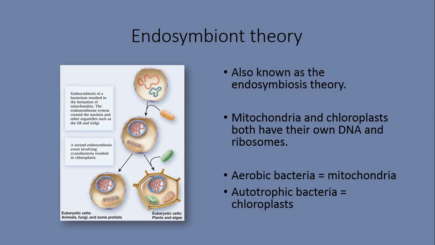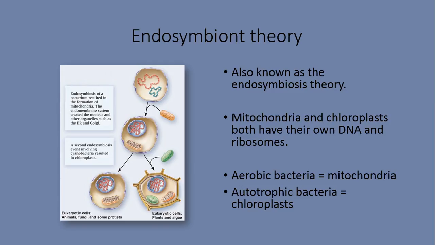Next, we're talking about the endosymbiont theory. It's also referred to as endosymbiosis. So if you hear endosymbiont or endosymbiosis, it's the same thing. Now, endosymbiosis points to the thought behind why mitochondria and chloroplasts may contain their own DNA and ribosomes. So scientists noticed that bacteria, mitochondria, and chloroplasts are all of similar size. And it was also discovered that bacteria contain DNA just as chloroplasts and mitochondria do.